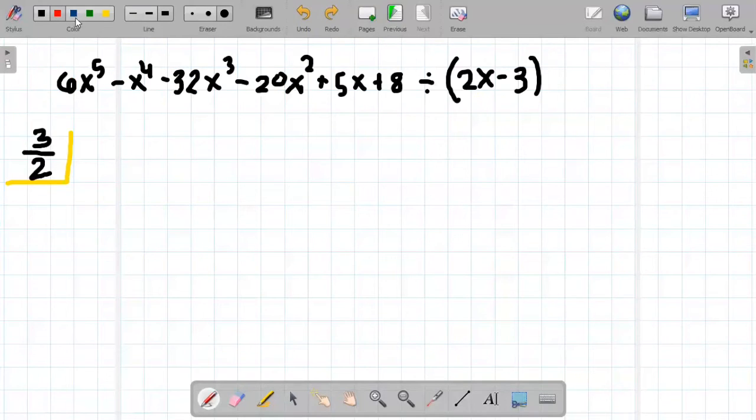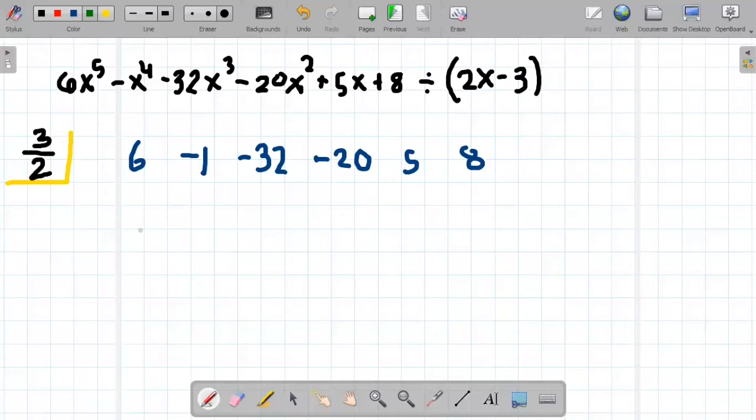So that is 6 for 6x raised to the power of 5, negative 1 for negative x raised to the power of 4, negative 32 for negative 32x cubed, and then negative 20 for x squared, and then 5 for 5x, then you have 8. Then divide. We bring down 6.